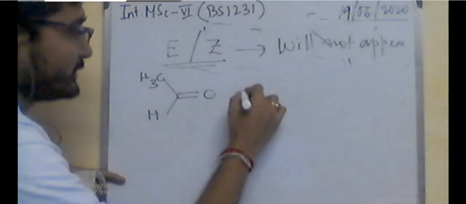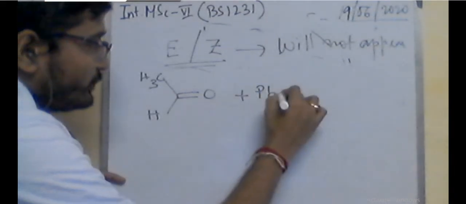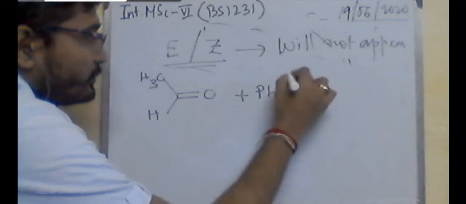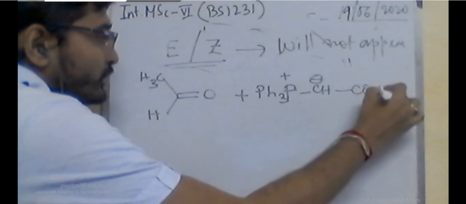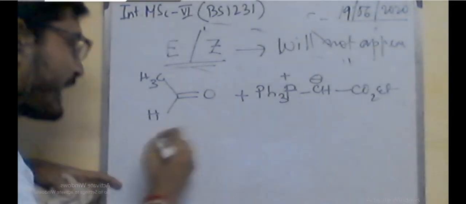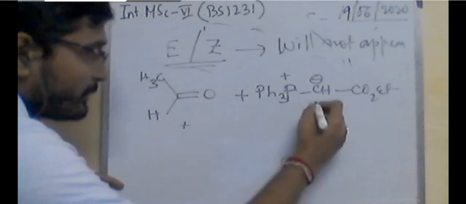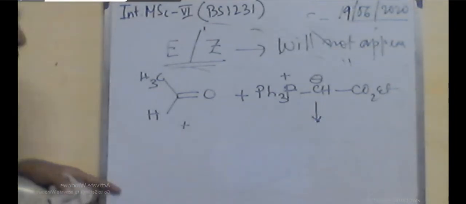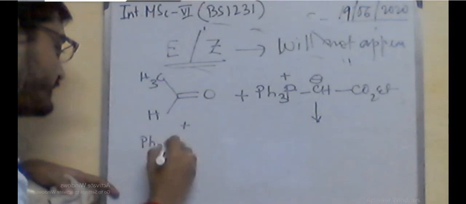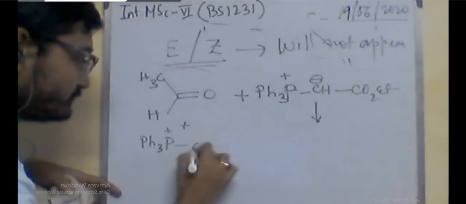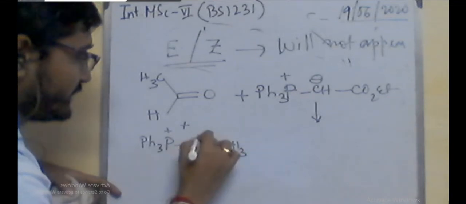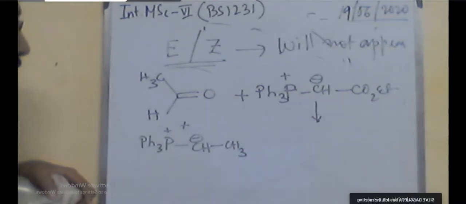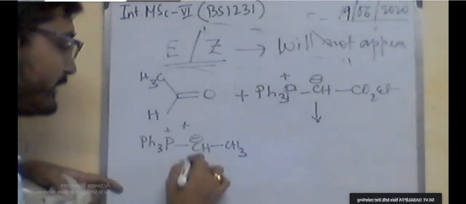This is one pathway, and another pathway is PPh3 plus CH3 minus. Now you can see that in this pathway, this ylide or this negative charge is stabilized via this electron withdrawing group. That means, as you have already seen, this is possible via resonance. So this is the stabilized ylide.